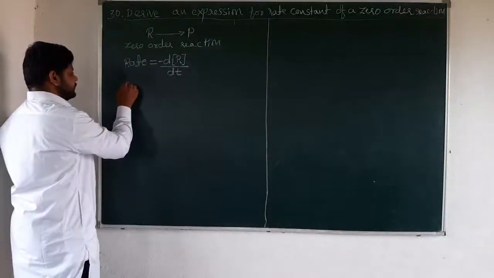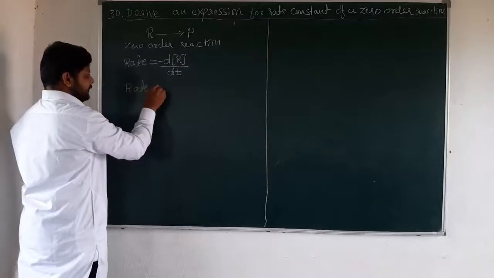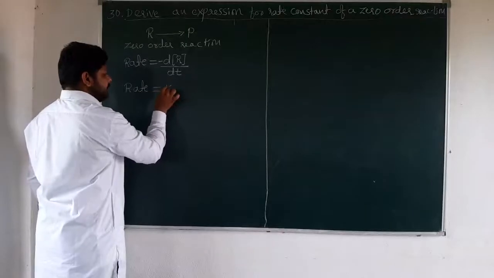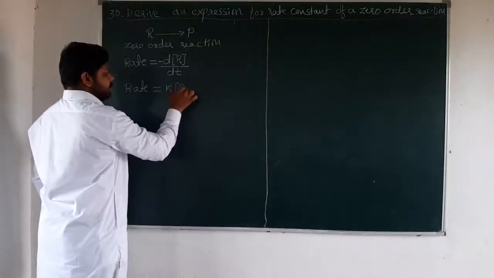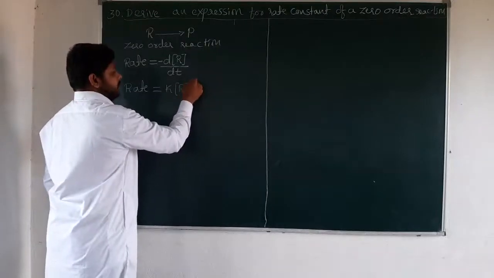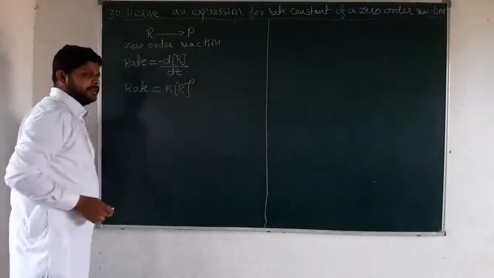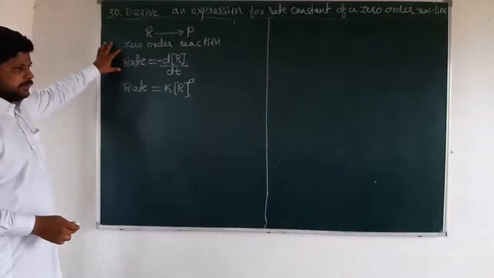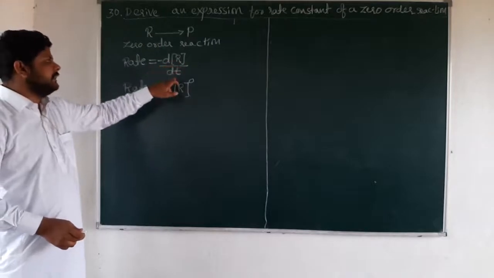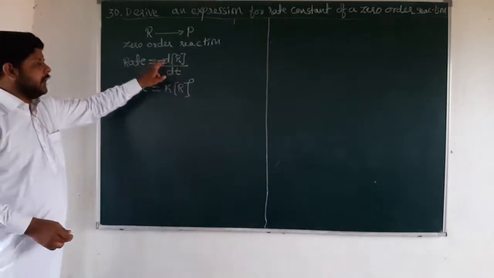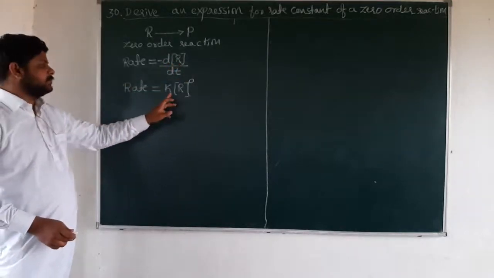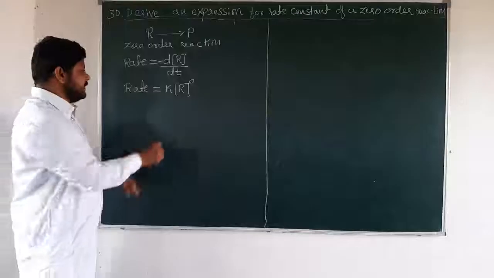From the rate expression or rate equation, rate of the reaction is equal to k into concentration of R to the power. Here it is a zero order reaction, so power 0. Rate is also equal to minus d[R] by dt, with the negative sign because the concentration of reactant decreases.